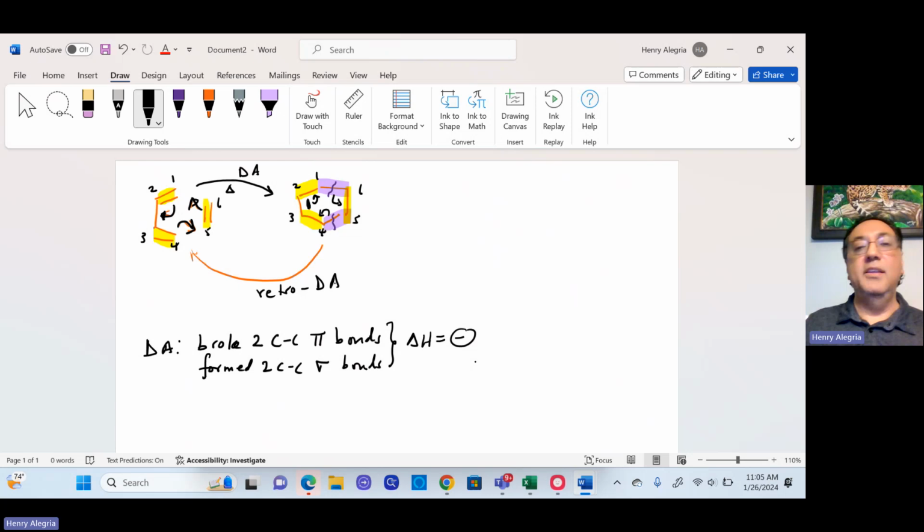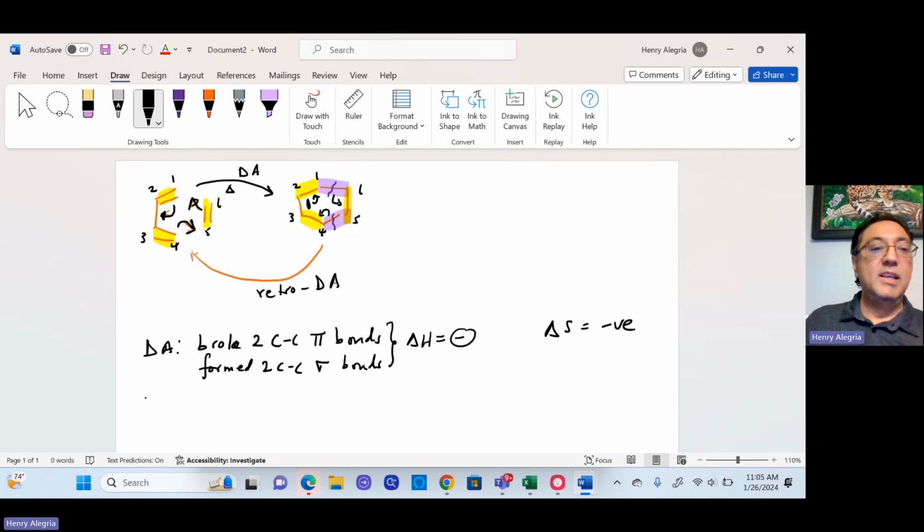The other thing to notice is that I'm going from 2 molecules on the left to 1 molecule on the right. So that means I'm going from more disorder to less disorder. Or in other words, from more disorder to more order. That means the change in entropy here is going to be negative.